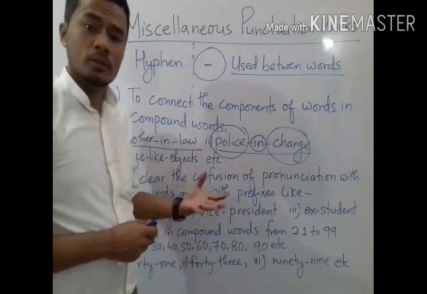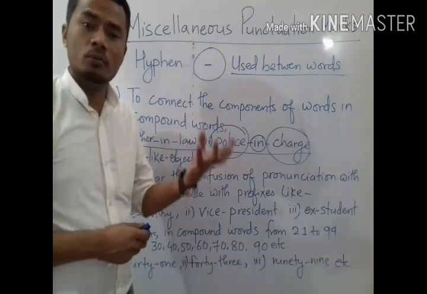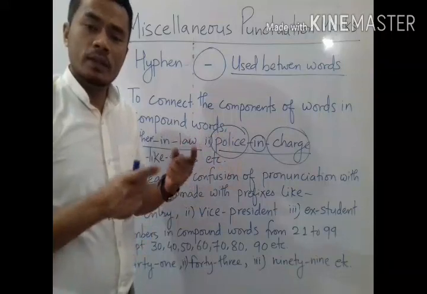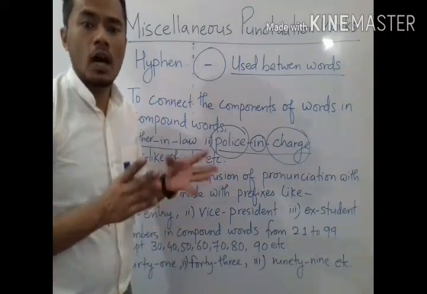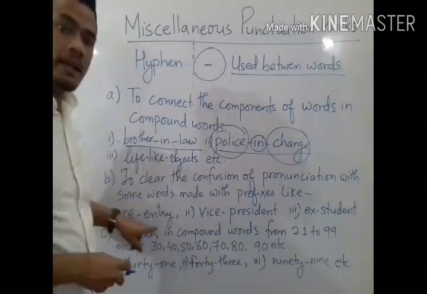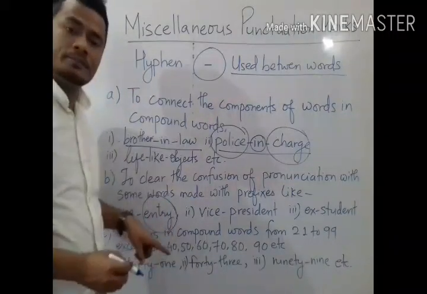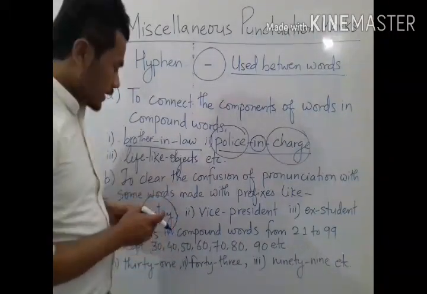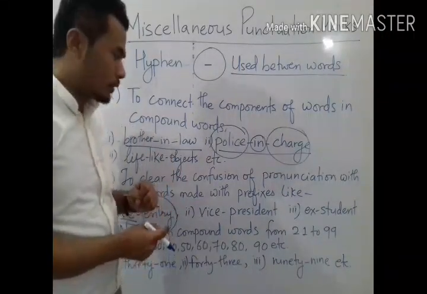In that case, between the prefix and the actual word we have to use a hyphen. Like re-entry: here entry is the main word and re is the prefix. Together re and entry make one single word.